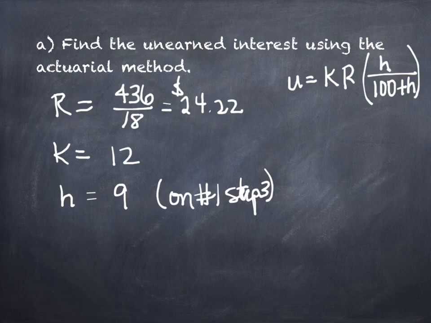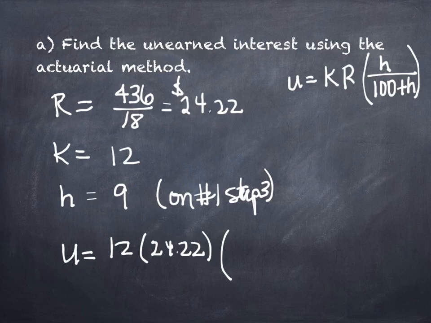All right, so we can find U, right? U is K, which is 12, times R, which is 24.22, times H, which is 9, over 100 plus H, which means it's going to be over 109, right? All good? Okay, so we need to multiply 12 times 24.22 times 9 divided by 109.